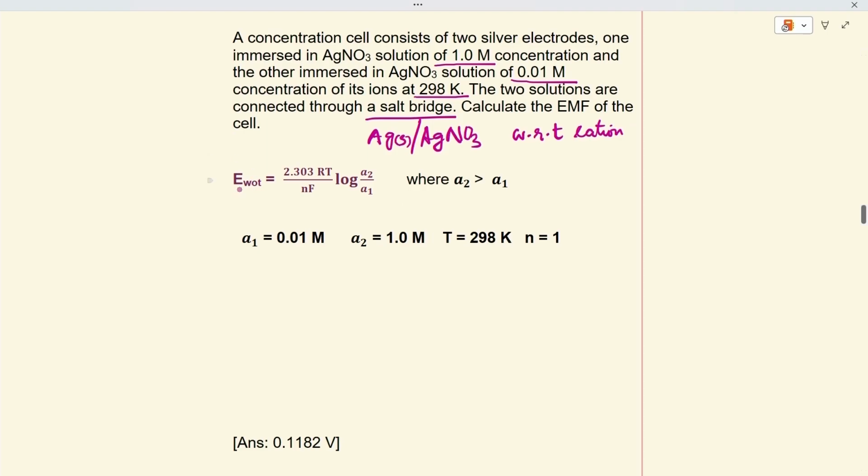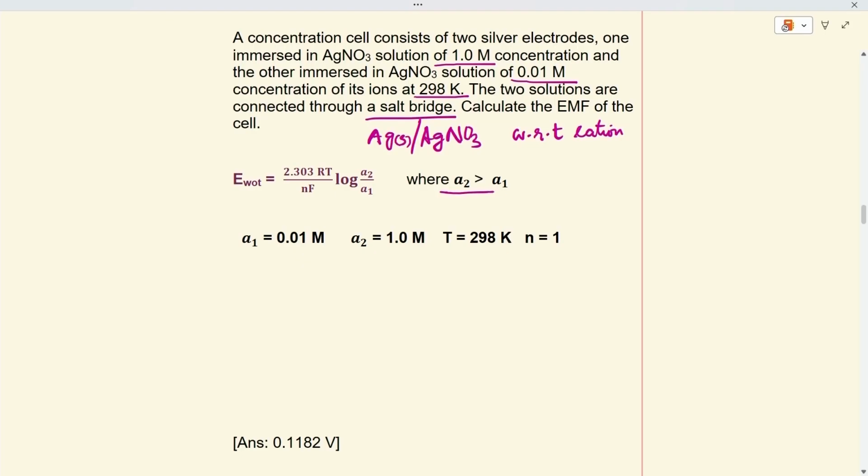that is, EMF of the cell without transference is equal to 2.303 RT by NF log A2 by A1. We should note that students often make a mistake in selecting the A1 and A2. We know that A2 should be greater than A1.